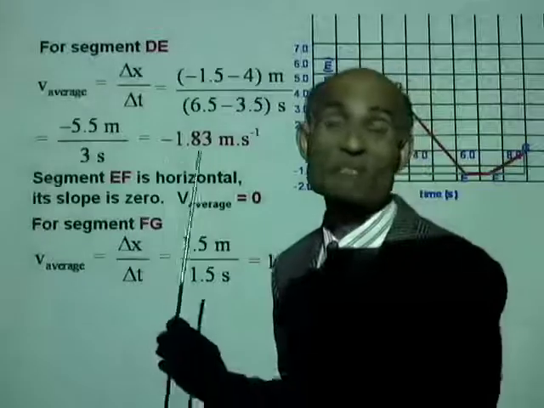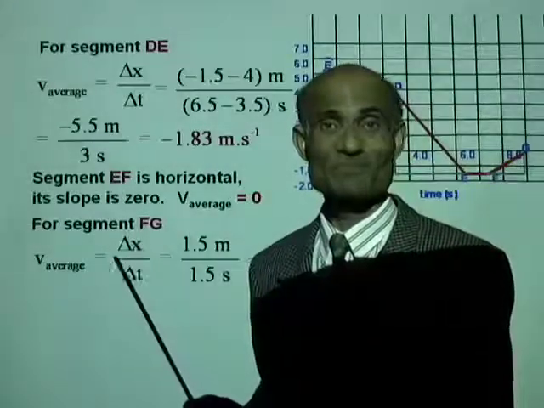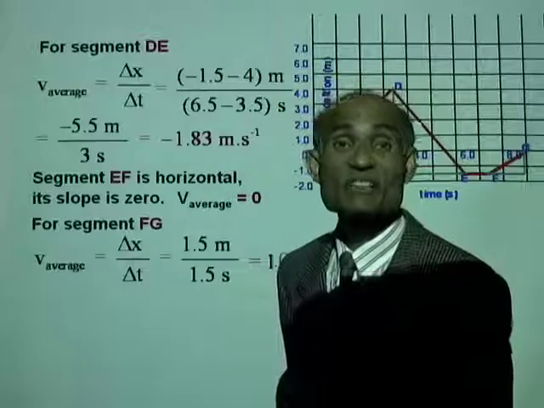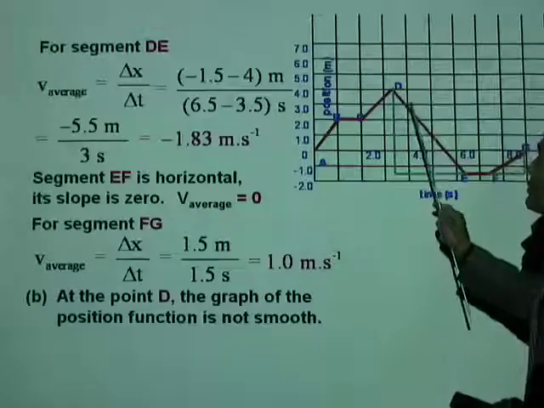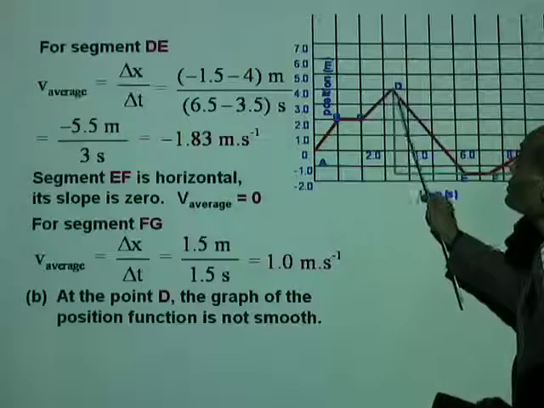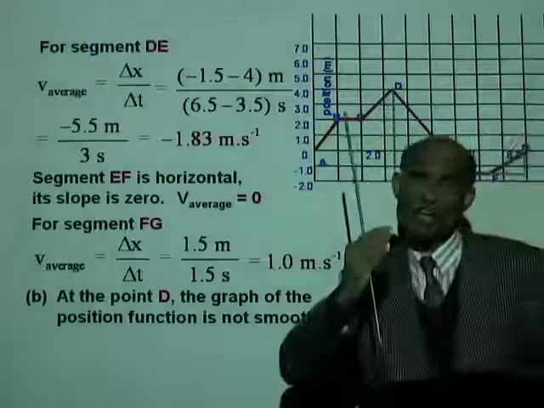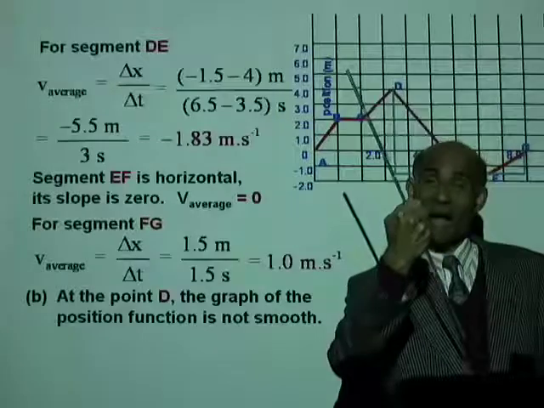Well, this kind of simple problems you must be very familiar with. Alright? What is the instantaneous velocity at the point D? You can see at the point D, the position function is not smooth. That is where the object reaches a point and maybe turns back.